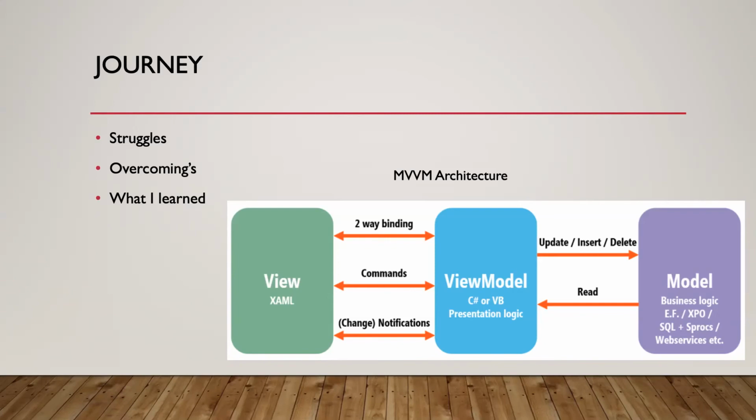So now looking back on my journey, there were many struggles. One of them happened to be this MVVM architecture that I got newly introduced to, which stands for model, view model, and view. It's basically how you get your data from the back end to the front end and how they bind and relate to each other.